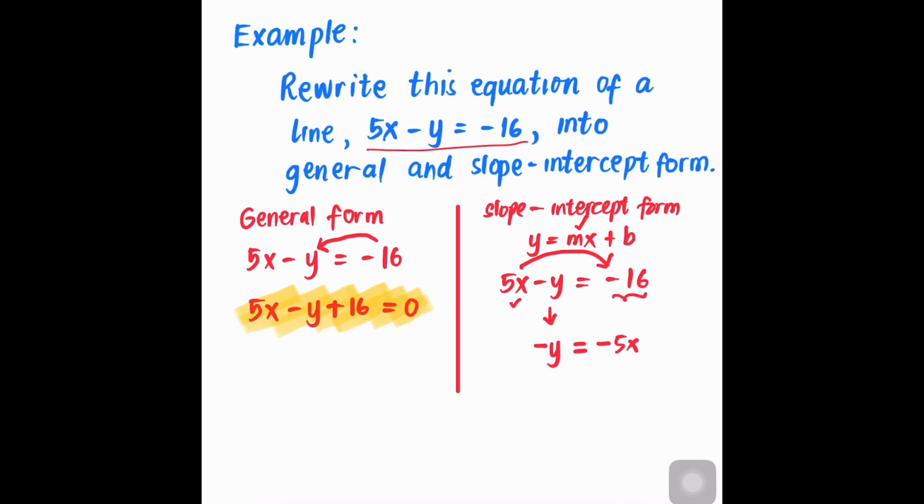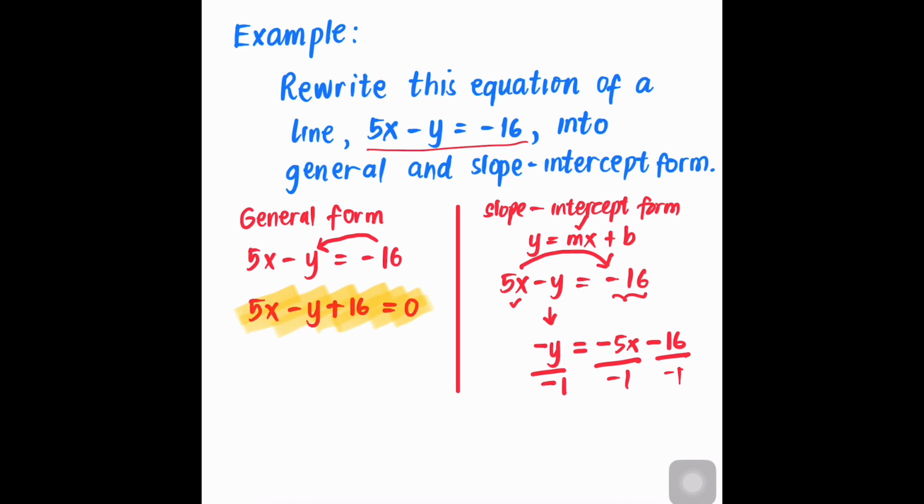So we're not moving this. So that only tells us one thing. We need to just retain negative 16. Just copy it. Now, the last step here is dividing everything by negative 1. Why do we need to do that?